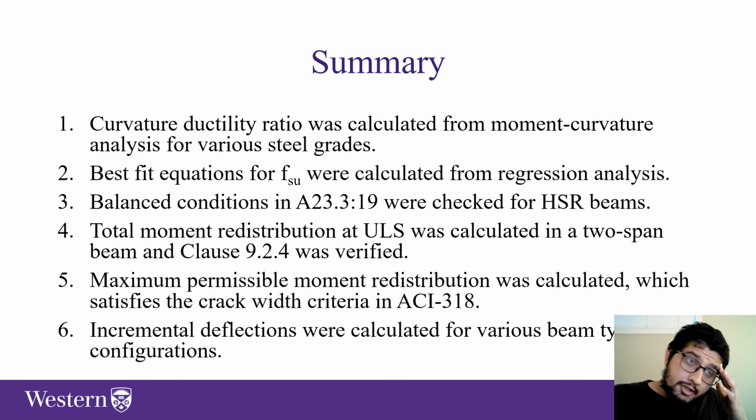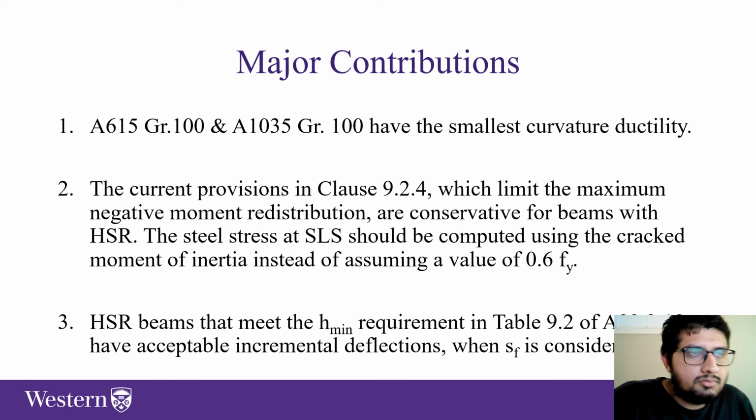And in chapter 4, we calculated the incremental deflections for the various beam types and configurations. And the major conclusions are that A615 grade 100 and A1035 grade 100 have the smallest curvature ductility.